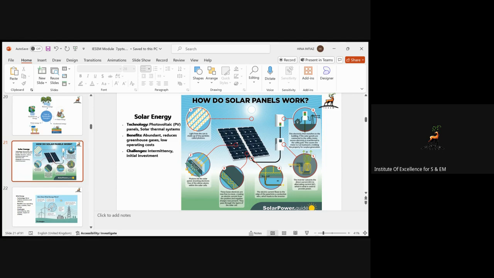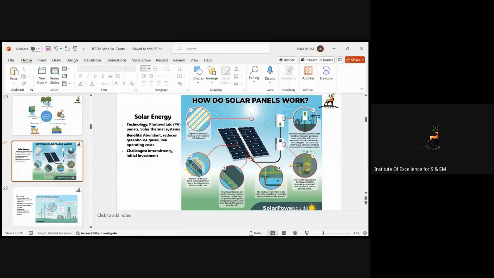Because we have two types of current: one is alternating current and the second is direct current. The direct current in solar panels is produced by exposing the solar plates to the sun, and they release electrons and produce an electric charge.